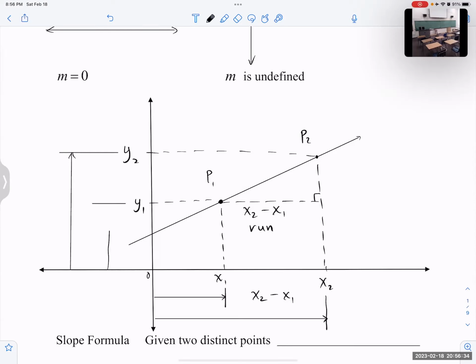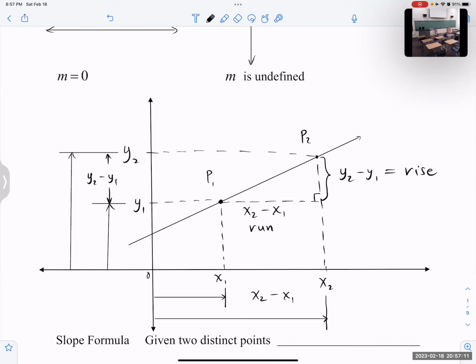Y sub 1 also represents a vertical distance, and when you subtract length y sub 2 minus length y sub 1, you get this expression, which is the vertical distance that translates to the length of the vertical leg on the right triangle. So between P1 and P2, there's a vertical rise, y2 minus y1.